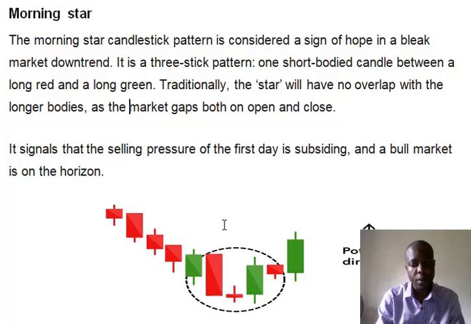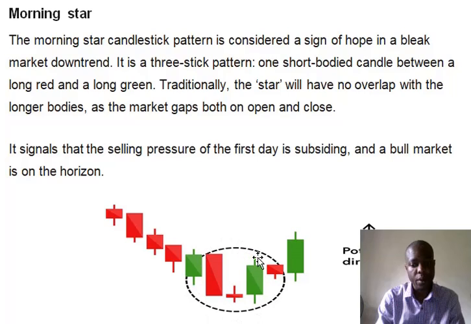The next candlestick pattern is the morning star. The morning star is also a bullish candlestick pattern. It is considered a sign of hope in a bleak market downtrend. It is a three-stick pattern, one short-bodied candle between a long red candle and a long green candle, as you can see.